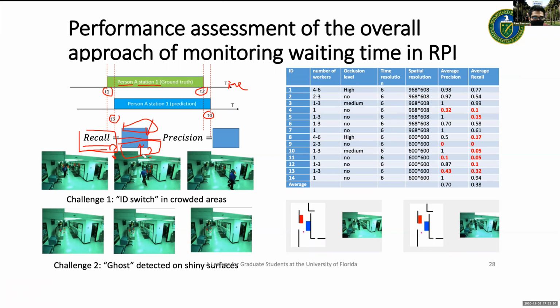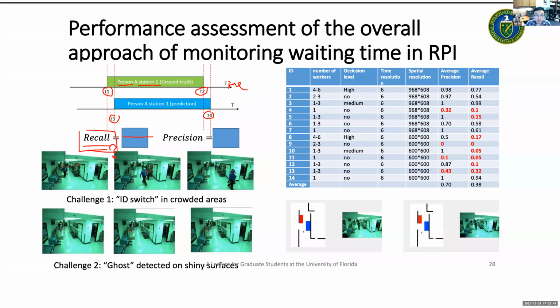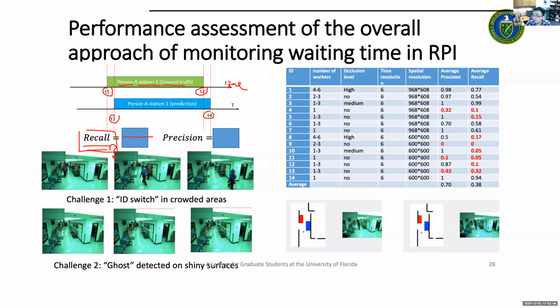Anybody? The positive. It's which one minus which one? It should be T2 minus T1, right? Because this is where the event actually happened. This is ground truth. Make sense? So this is T2 minus T1.